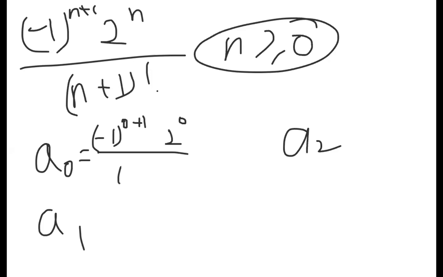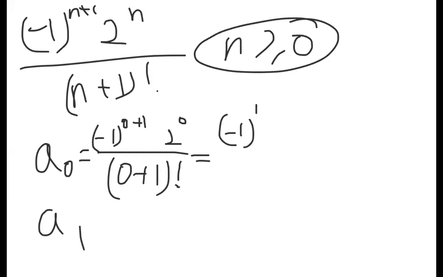Now 0 plus 1 is 1, so -1 to the first power times 2 to the 0 power divided by 1 factorial.